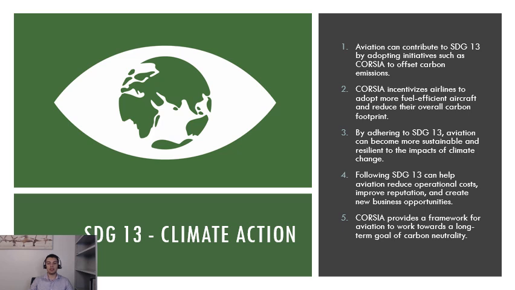By adhering to SDG 13, aviation can improve its reputation and stakeholder relationships, reduce operational costs, and create new business opportunities. CORSIA provides a framework for the aviation industry to work towards a long-term goal of carbon neutrality. Additionally, CORSIA provides valuable investment in green technologies that can directly reduce CO2 emissions in the future.